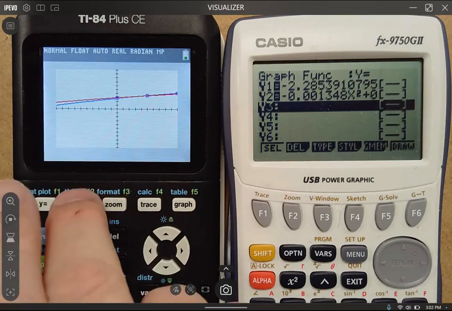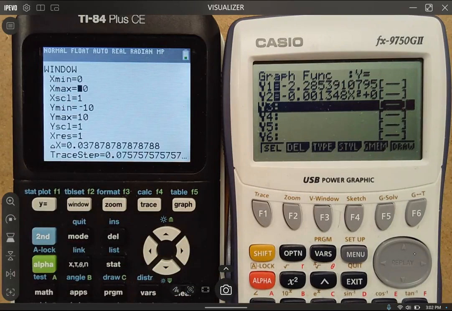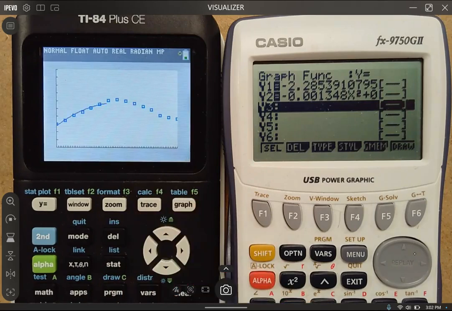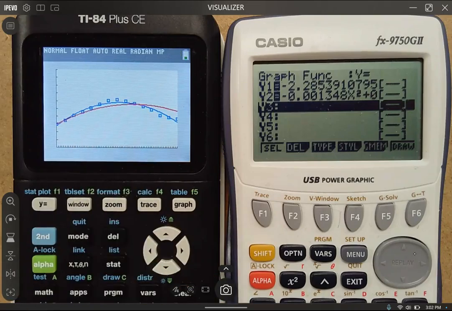So we're going to go to window, and my input, my t values, were from 0 to 70, and my y values, my d of t, were really small. So I'm going to just say 0 to 10, and then I should be able to see there's my data, there's one of my equations, there's the other one.